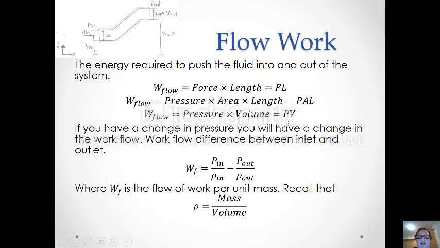And so flow work is equal to pressure times volume. If we change the pressure, you will have a change in the flow work. So Pn minus P out is going to give you a change in work here. And we divide through by density because density contains volume, and so the volumes cancel out.